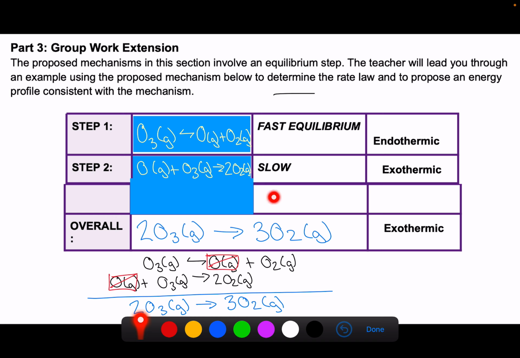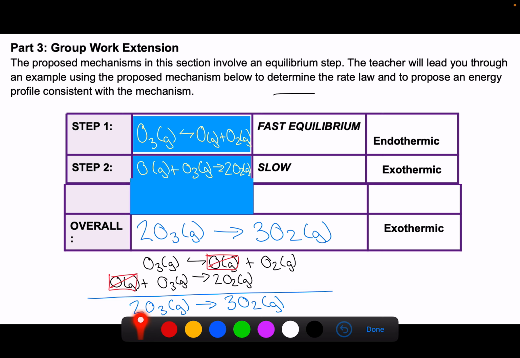It happens to be the second step here. So that means when I write my rate law, I have k[O][O3]. But if we look at our work here, O is an intermediate. And I said earlier, you can't have an intermediate in your rate law. So what do we do?